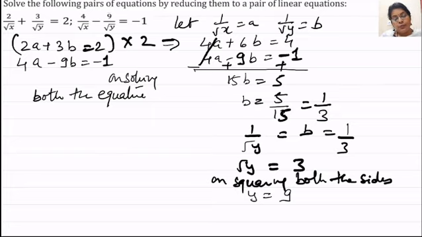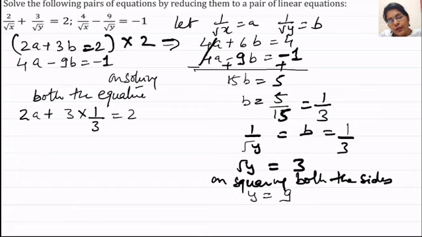Now let us come to solve the value of a. We'll put the value of b in any of the equations and get the value of a. Let us put it in the first equation. First equation is 2a plus 3b is equal to 2. So 2a plus 3 into 1 upon 3 is equal to 2.